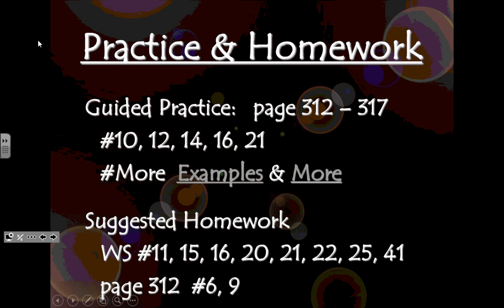The last two are on the back. Y'all have a good day.